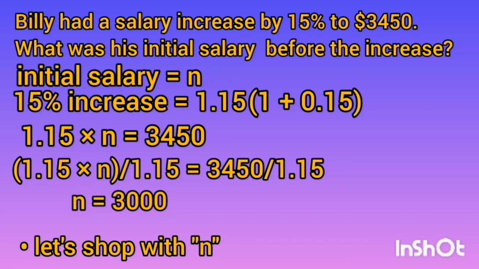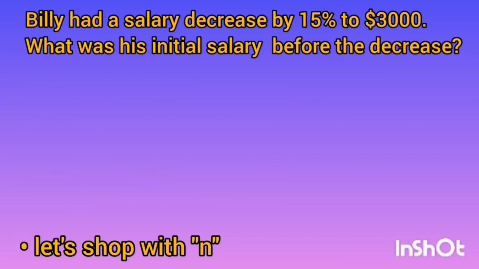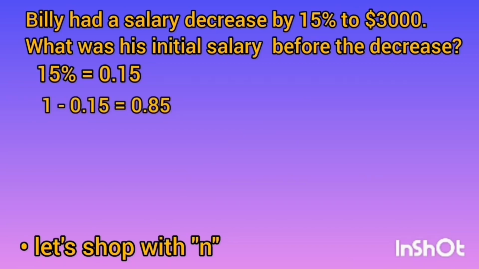So what if Billy's salary decreased by 15% to 3,000? We know the answer, but how will you do it? So once again, just like before, you convert 15% into a decimal. And this gives us 0.15. Since we are decreasing, we would subtract 0.15 from 1 to get 0.85.